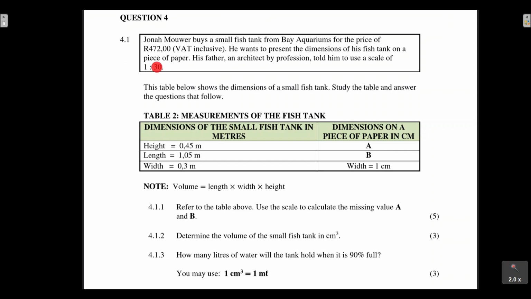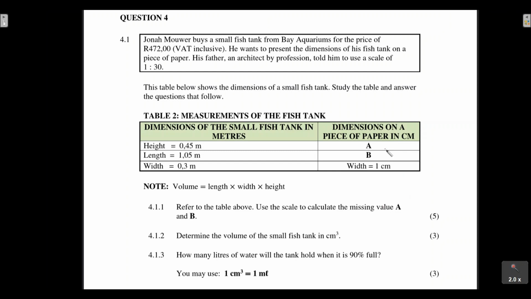How can we use this number scale that is given to us to determine the dimensions on a piece of paper? We're not just moving from a measured distance to an actual distance. In this case, we are taking the actual distance that is given to us and using this number scale to determine the measured length on a piece of paper.